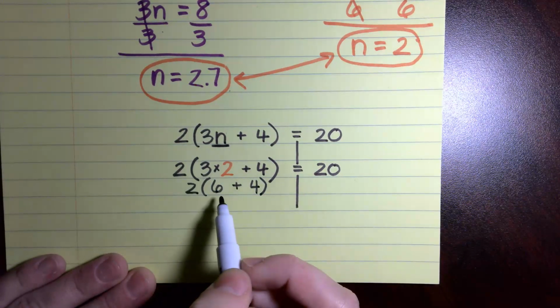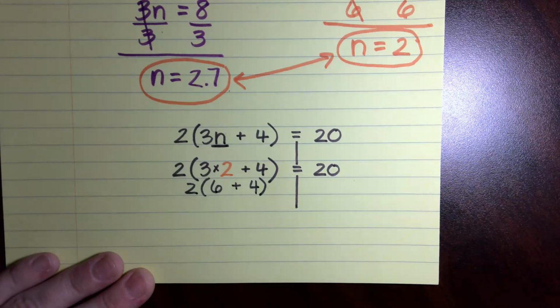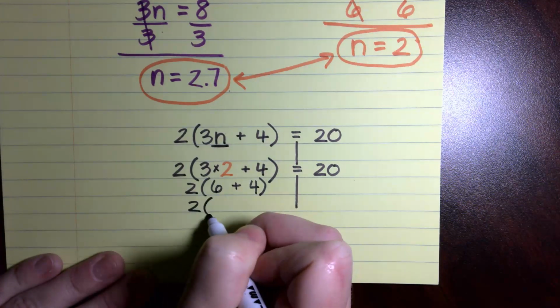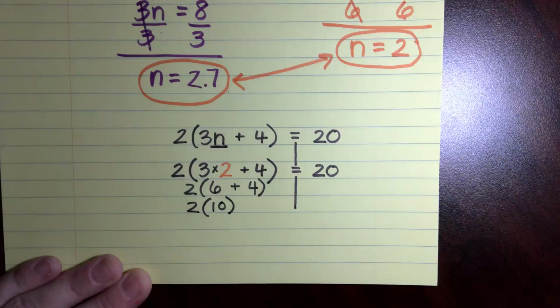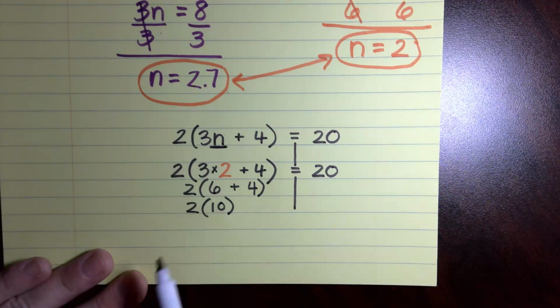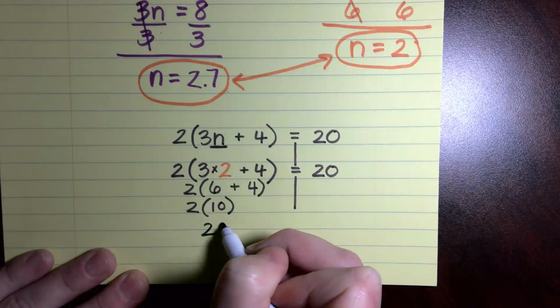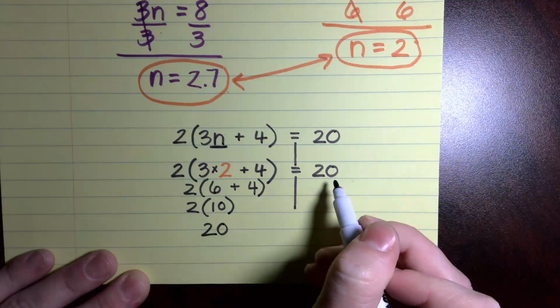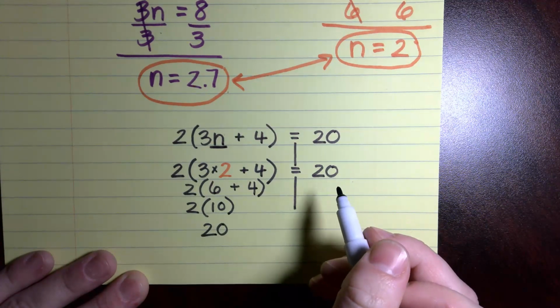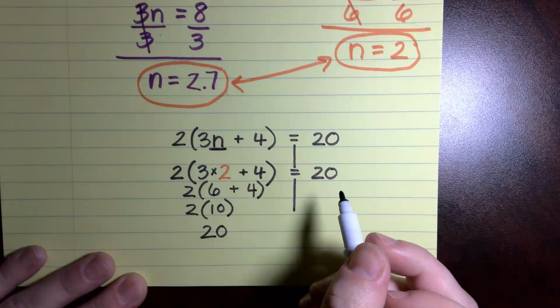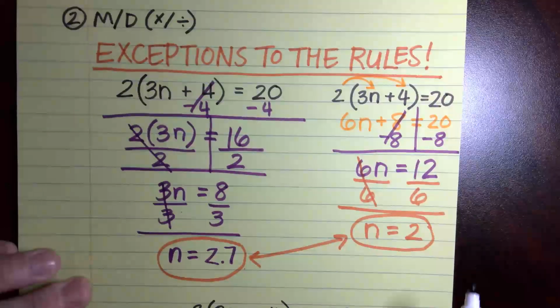All right. What's 6 plus 4? 10. All right, now we're left with 2 times 10. What's that? 20. Is that equal to 20? It is. So guys, Rhonda was right.